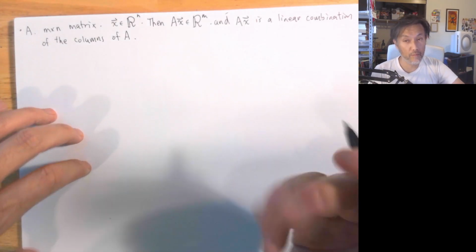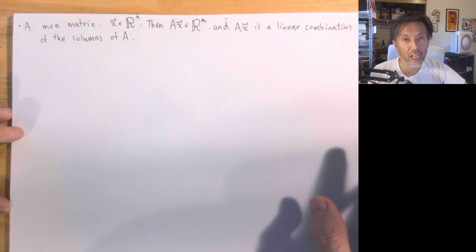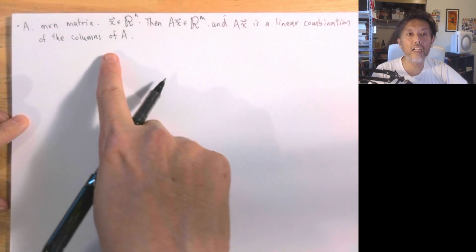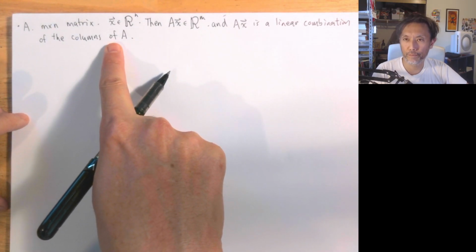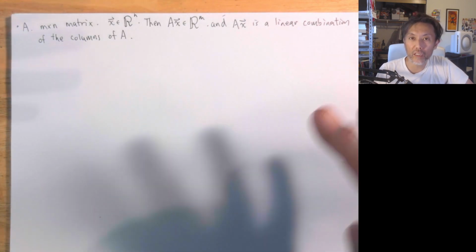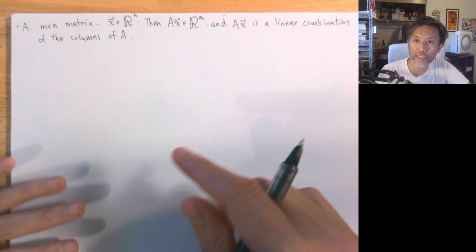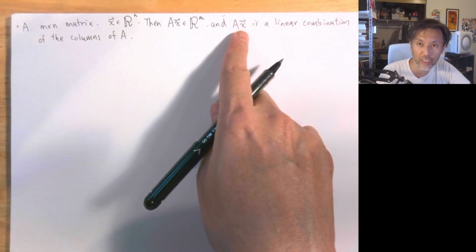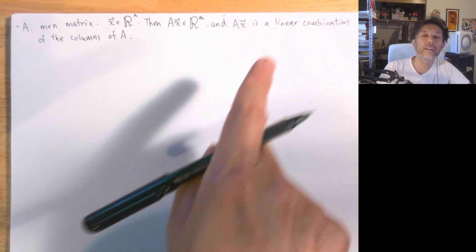In other words, now that we have the terminology, A times x is an element of the column space of A. Okay? And what linear combination is it? Well, sorry, let's be very clear.